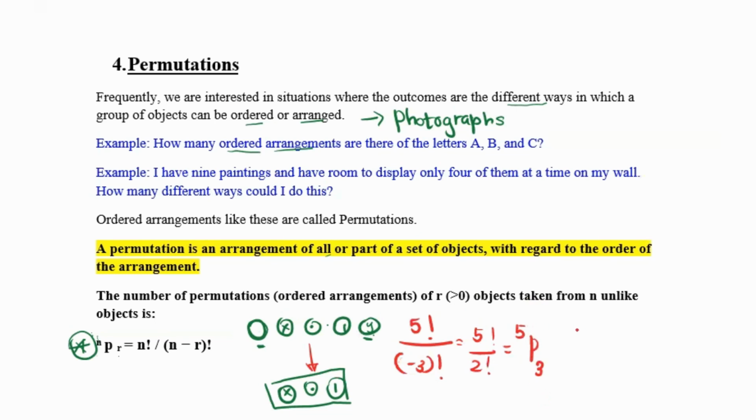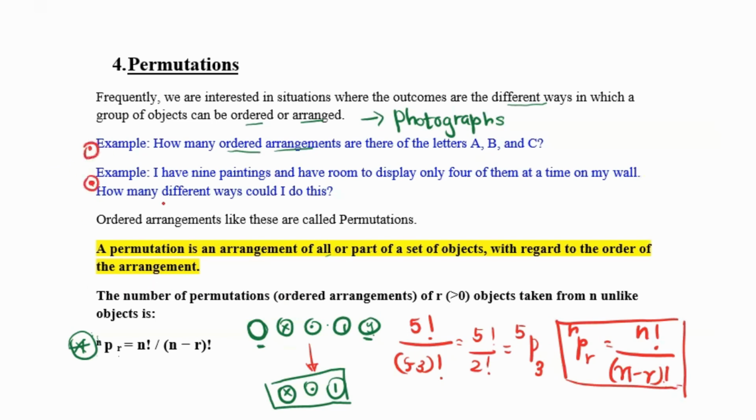Does it make sense? Just as nPr becomes n factorial divided by n minus r factorial. I hope how this formula was derived makes sense to you. And now you can do any question that you had at the beginning. And let's see how to solve these 2 examples that we have considered here.